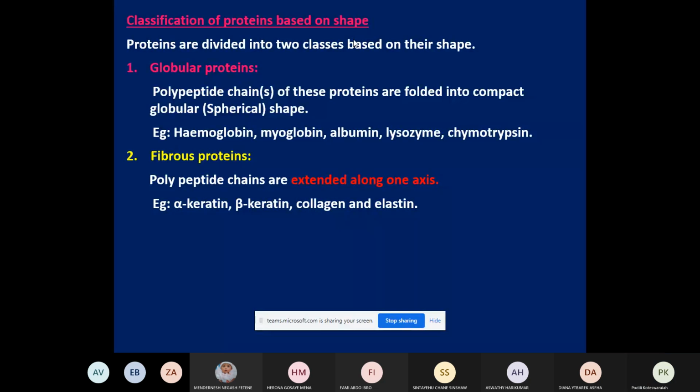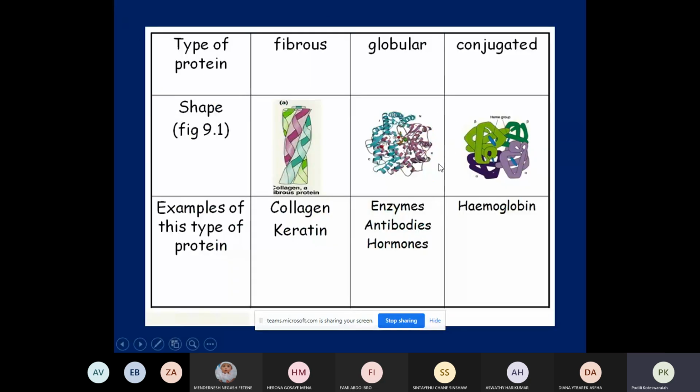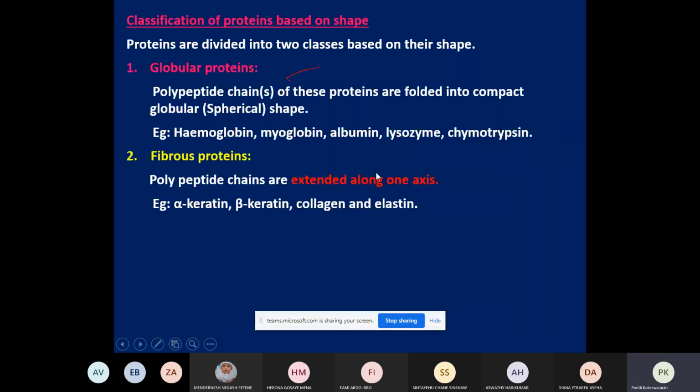They are classified into two categories. One is the fibrous proteins. The second one is the globular proteins. When we say globular proteins, they have the globular shape. You can see here the globular structure, and they are soluble in water and also in aqueous solutions of acids and bases. These globular proteins fold into spherical shapes, and they have various functions.